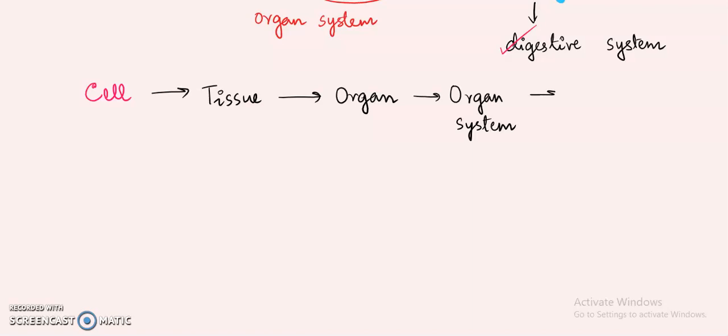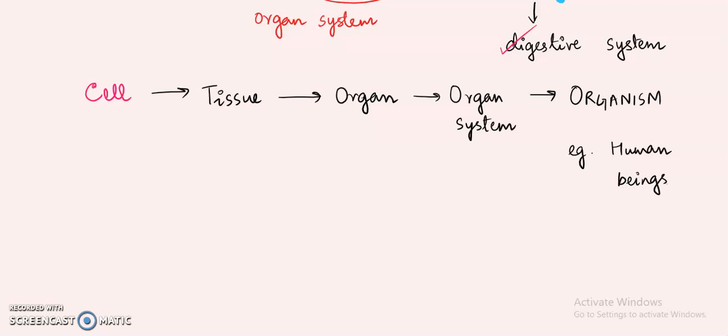A collection of organ systems makes an organism. Now who can come in the category of organism? We human beings can come in the category of organisms, right?